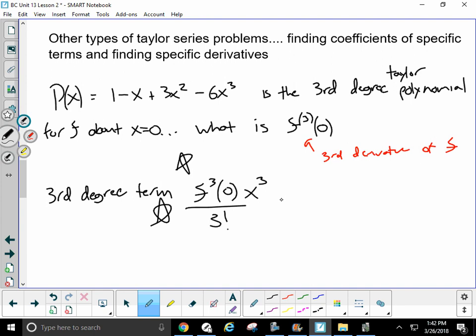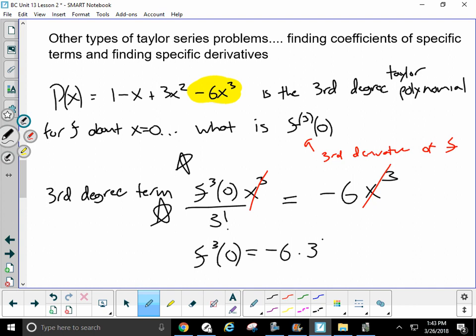Well, we say that has to be equal to this term here, because this is my 3rd degree Taylor polynomial. That term right there is negative 6x cubed. We can solve this for the 3rd derivative at 0. And I get that.